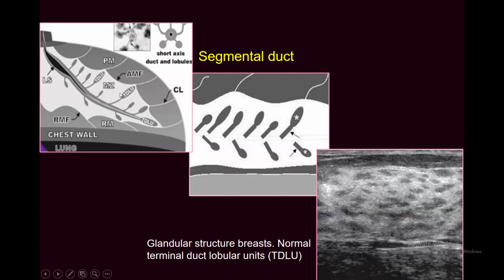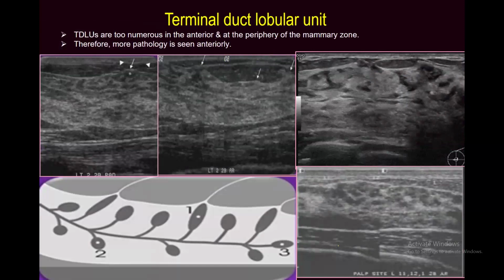These are too numerous compared to this one. So that is why you will see at the anterior, toward the skin, in the parenchyma, more numerous oval structures compared to the back or posterior part of the breast.